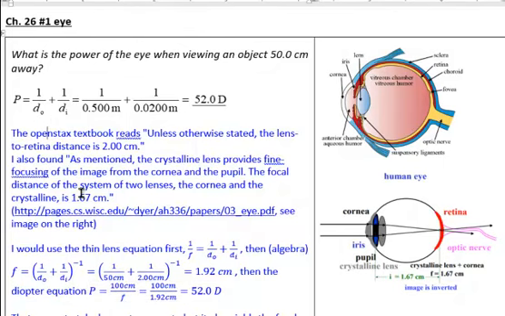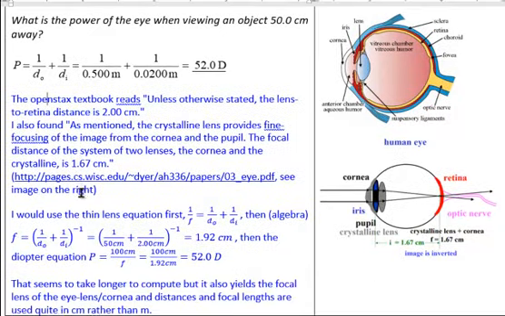Okay, let's actually go from the top here the way I wrote this one here. So in blue, the OpenStax textbook reads, unless otherwise stated, the lens to retina distance is 2.00 centimeters. I found this one here in a different paper where it says actually this is 1.67 centimeters. Okay, let's assume it is the 2.00 centimeters in order to do this problem. So that's pretty much what this part here is about.